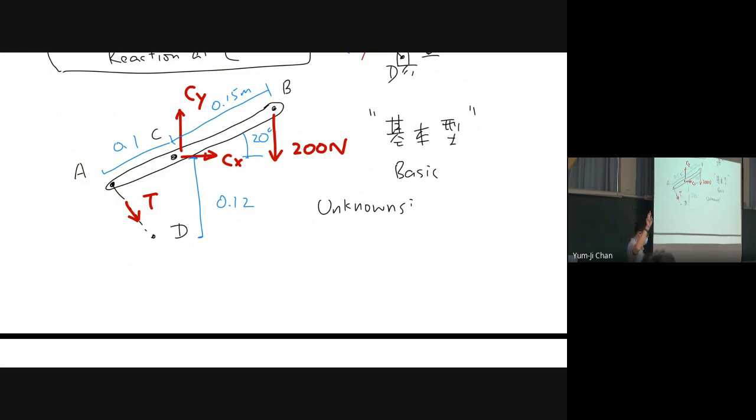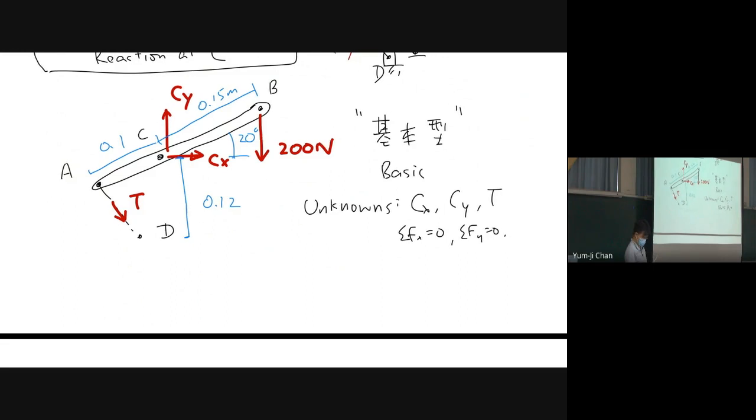Three: Cx, Cy, and T. And of course, you can solve it by summation Fx equal to 0, summation Fy equal to 0, and summation M equal to 0, right? This is the basic way of working on this question. But we have another way of doing this problem.